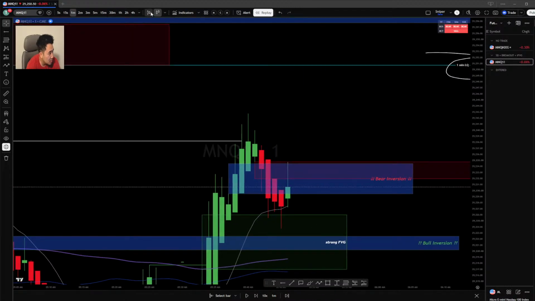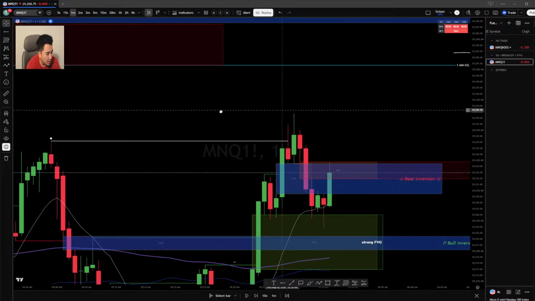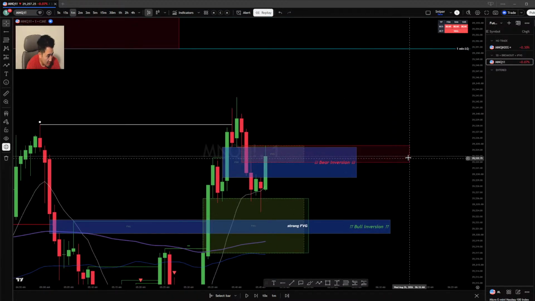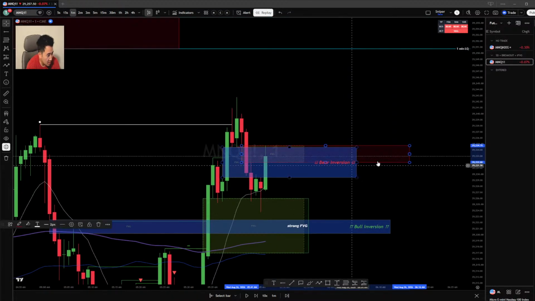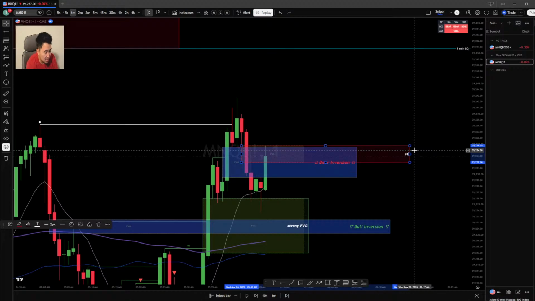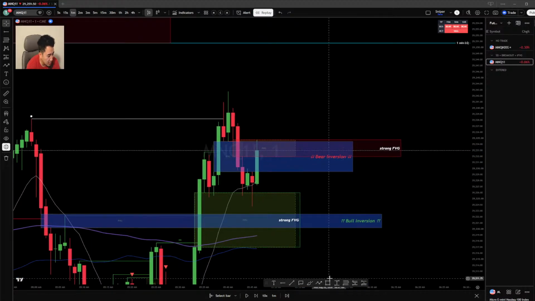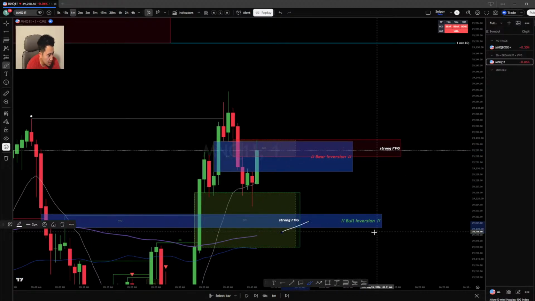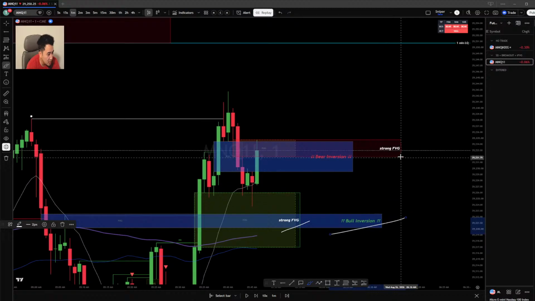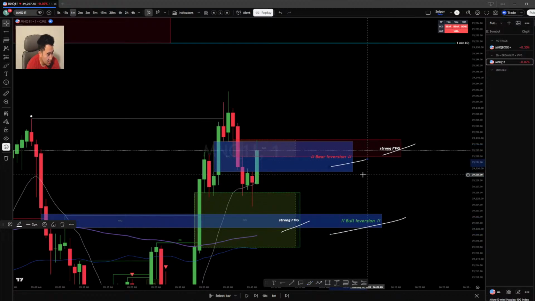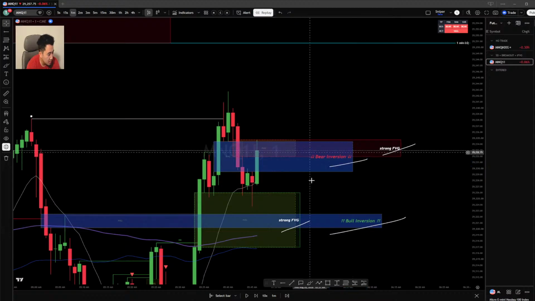So we got the deeper pullback, and then right here we have this bearish FEG and this bearish inversion. Now this is the same thing as the bottom. We have this strong FEG, just like this one down here, because it's stacked on top of a bullish inversion. This strong FEG is strong because it's stacked on this bearish inversion.